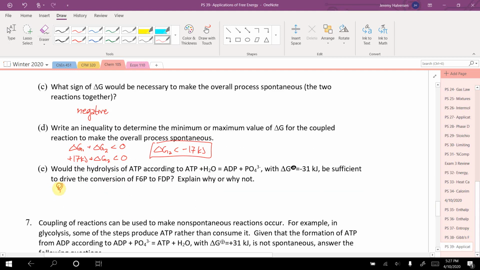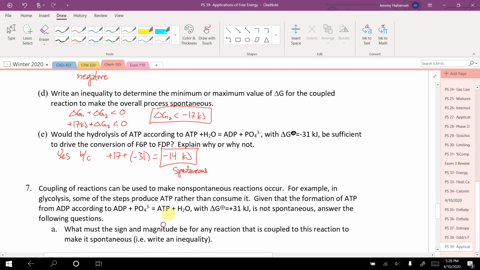Absolutely, yes, because positive 17 plus negative 31, those are my two reactions, gives me a value of negative 14, if I know how to do math. And that is negative, so it's going to be spontaneous. So the reaction we want works as long as we combine it with ATP, which releases a lot of free energy, and that's what our body does.